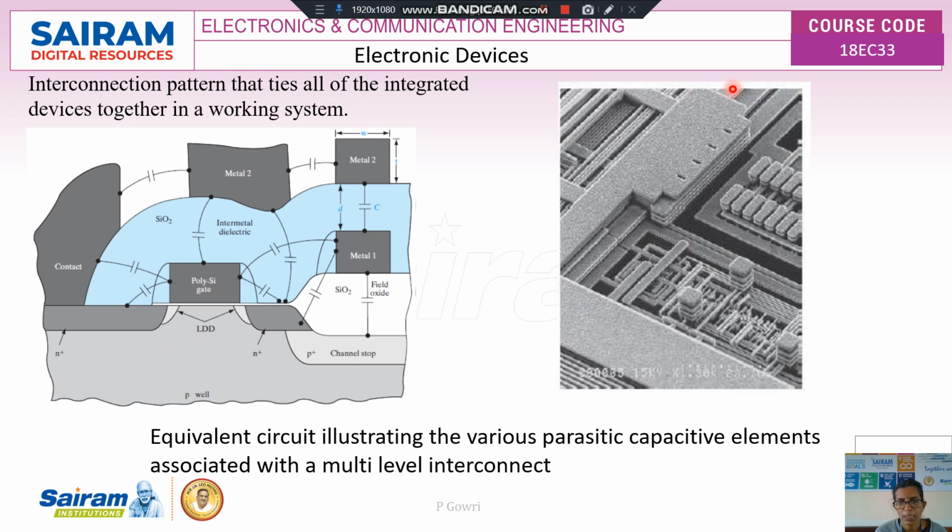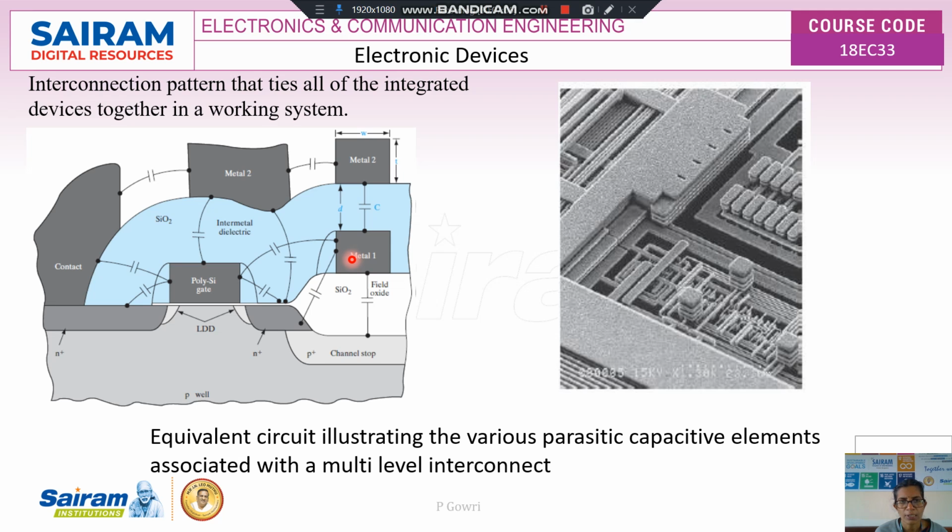This will be the setup of an IC with the top layer removed. So the internal of an IC is given here.